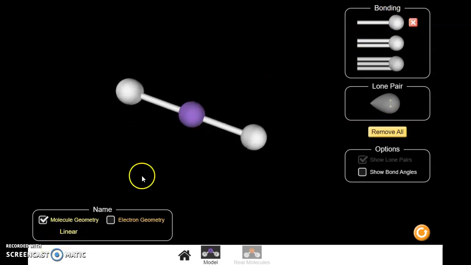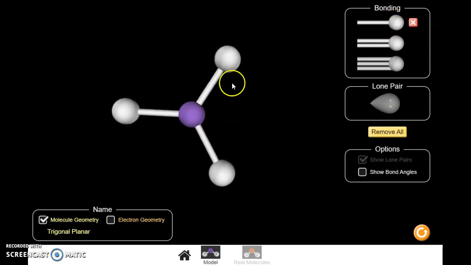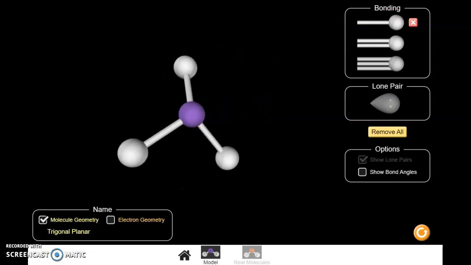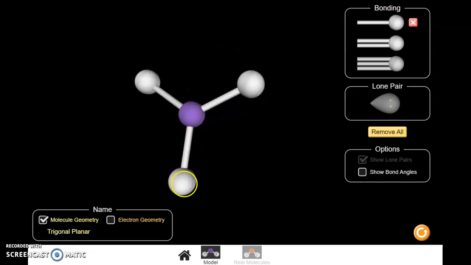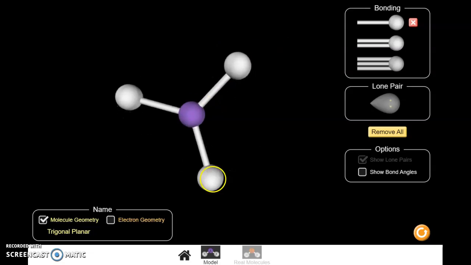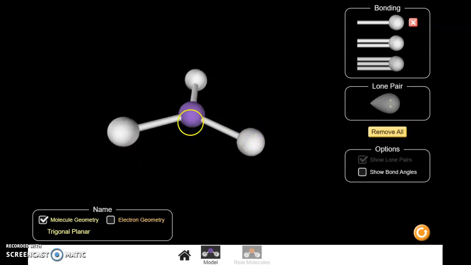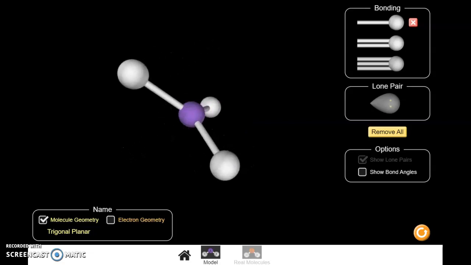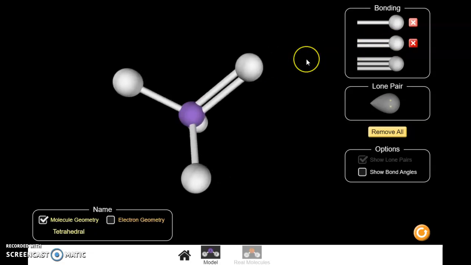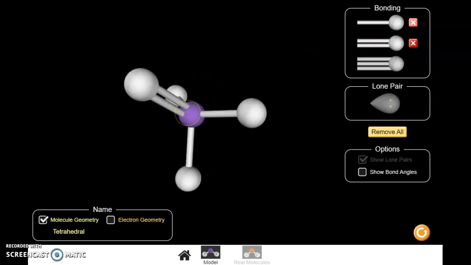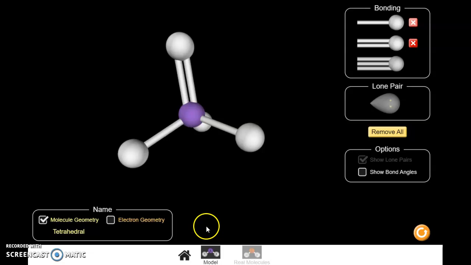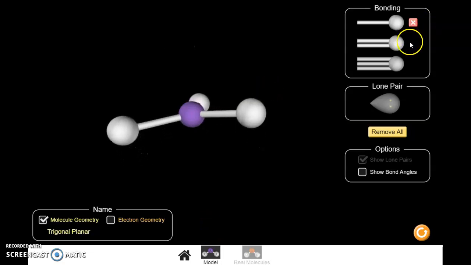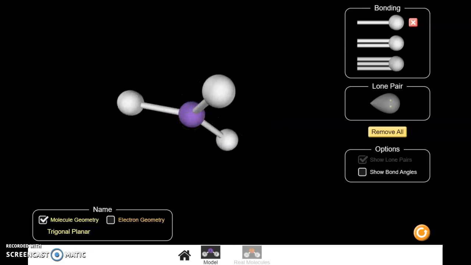So notice it's linear, and I love how it actually shows you how these shift around. It's nice because you can drag and take a look at it. This is as close as you can get to doing it in 3D right in front of you with building model kits. As you drag them in, you can see the shape change, which is really cool. So actually, I'll go back to this. Check this out. This is trigonal planar.